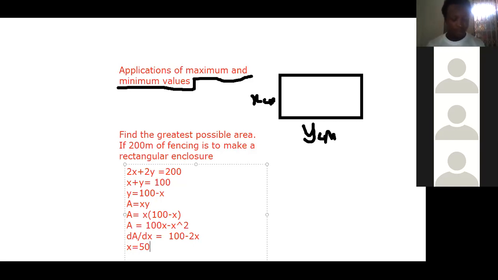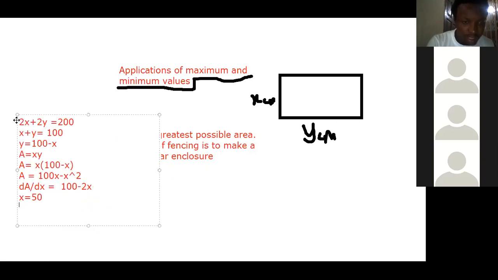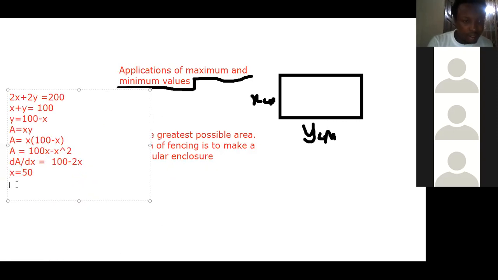Now we have to find d²A over dx². Let me shift this one here. You can factor this into the main equation and find its corresponding value, but let's do this.